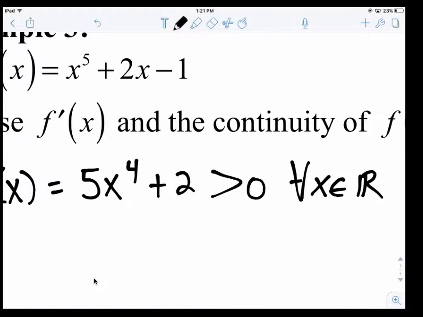So your derivative is positive for all values of x in the set of real numbers.